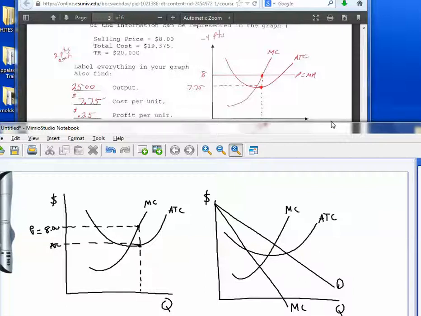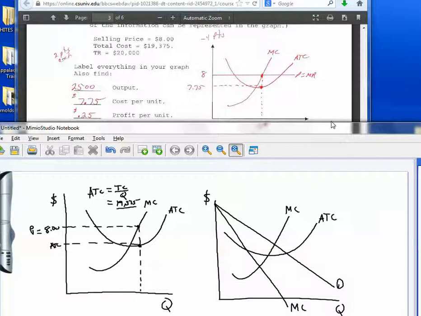And total revenue is $20,000. So we can figure average total cost as, okay, look at this. Average total cost is equal to, oh shoot, you can't see that. Maybe up here. Average total cost is equal to total cost divided by output. So average total cost in this case is $19,375 divided by output.